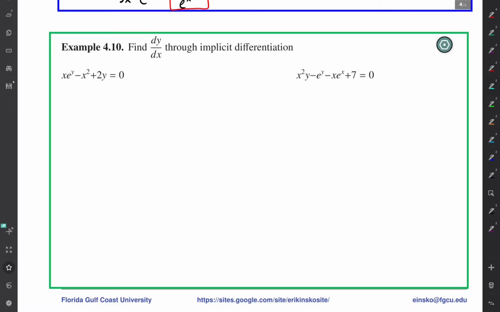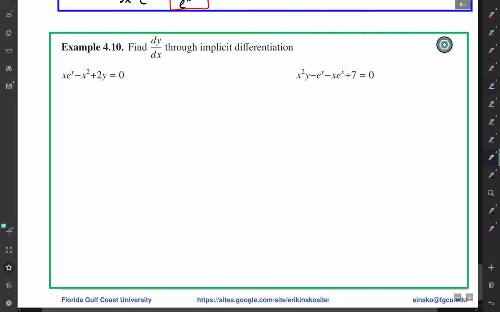Okay, we have one more example for today, and that's using implicit differentiation to find dy/dx when we have exponential functions. So the first problem, we're asked to apply d/dx, the derivative with respect to x, to this equation: x e^y minus x squared plus 2y equals 0.